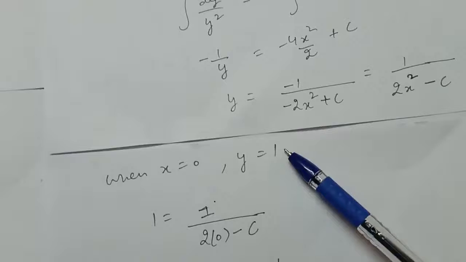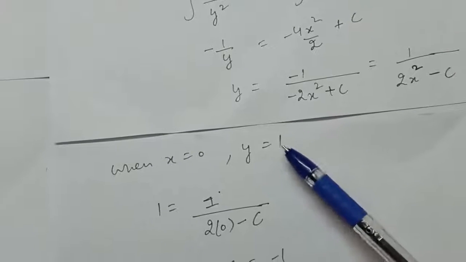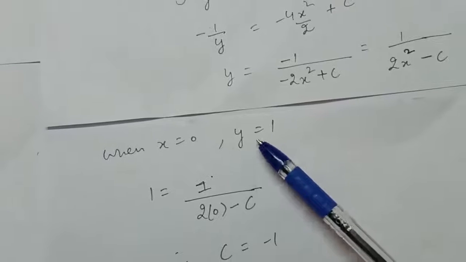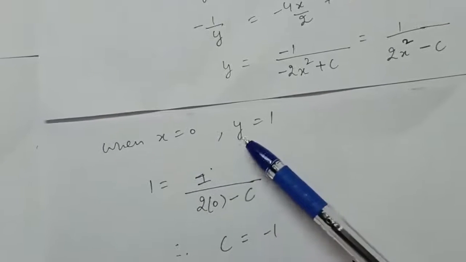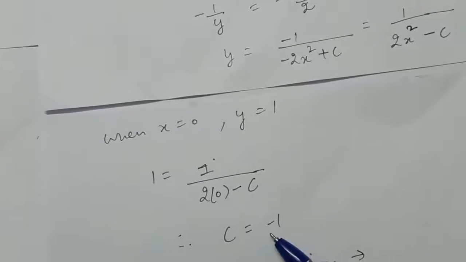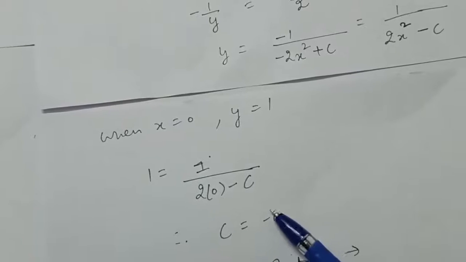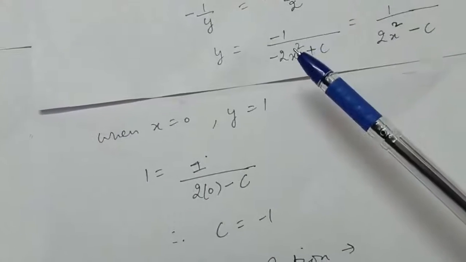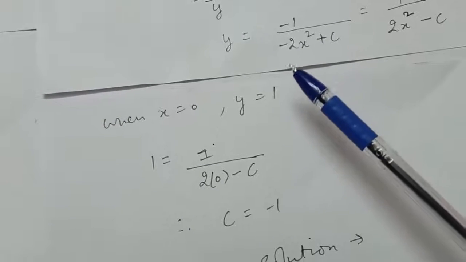But because some additional information is given to us, that when x is 0, y is equal to 1, we will use this additional information to calculate the value of c. And when we get the value of c and put it here, then that function will become the particular solution, right?